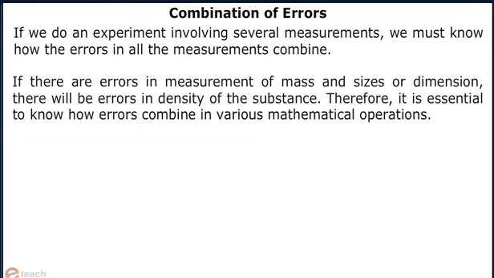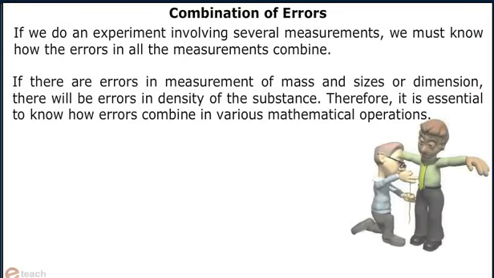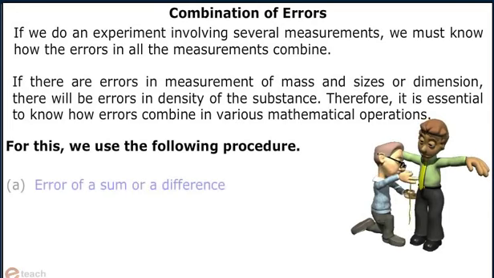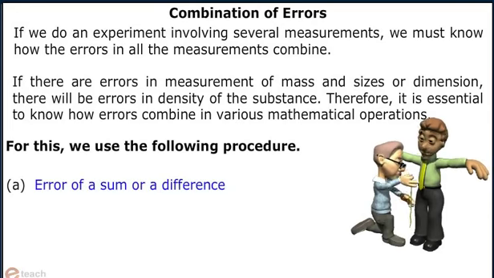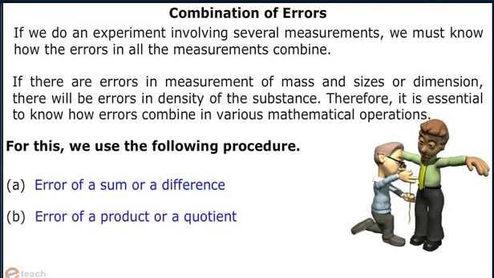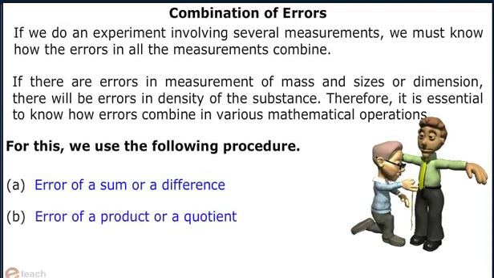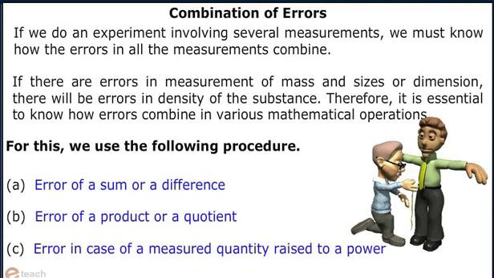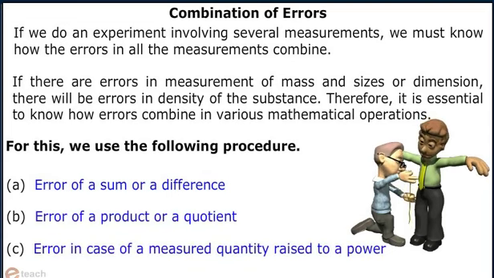Therefore, it is essential to know how errors combine in various mathematical operations. For this, we use the following procedure. A. Error of a sum or a difference. B. Error of a product or a quotient. C. Error in case of a measured quantity raised to a power.